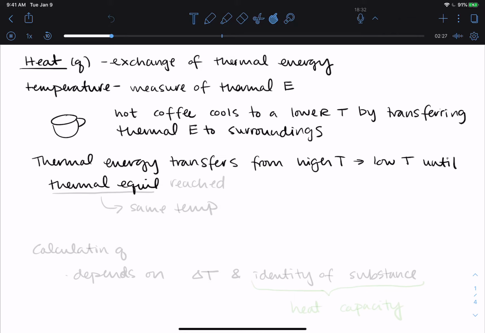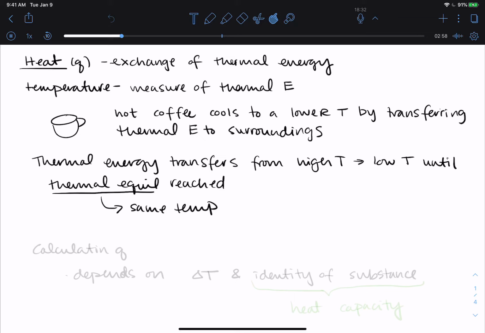And we know that we are at thermal equilibrium when the two things are at the same temperature. So in this case where we had a tiny cup of coffee in comparison to a whole room, it ends up being room temperature. Now, if you were to put your finger in the coffee to test the temperature, it feels cold to you just because it's lower than the temperature of your body.